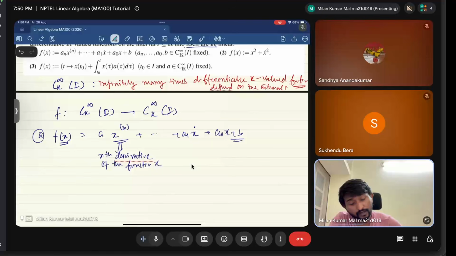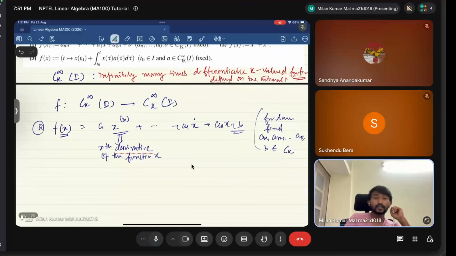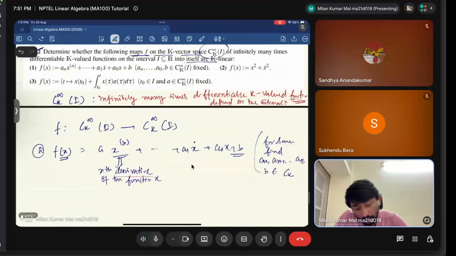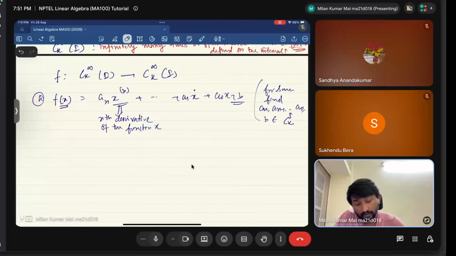We have this for some fixed a_n, a_{n-1}, all the way to a_0, and b. They are also functions, not scalars. Here x, a, b, a_1, none of them are values, they are just functions defined on the interval I and infinitely differentiable. The question is whether f is a linear map or not.